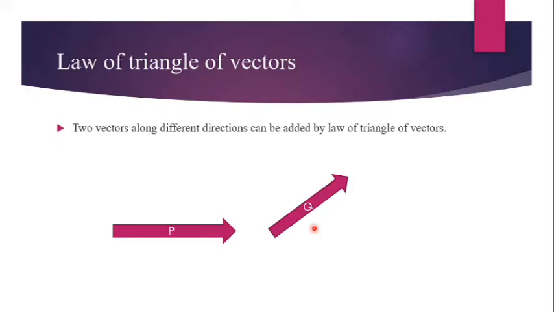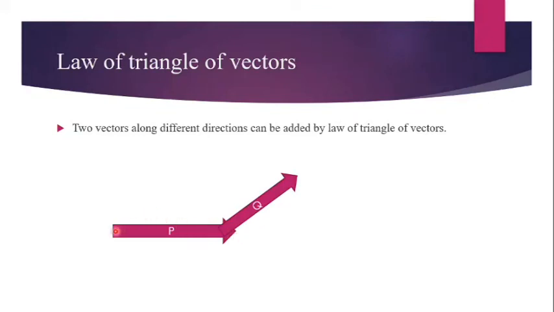Then we can perform the addition of P vector and Q vector by using the law of triangle of vectors. How? We can put this vector Q on the vector P such that the starting point of Q is on the end point of this P vector.